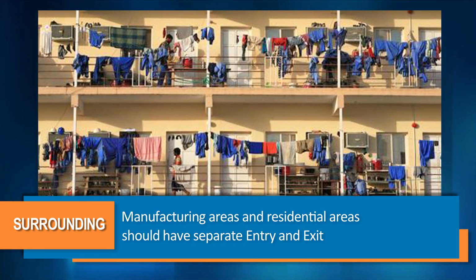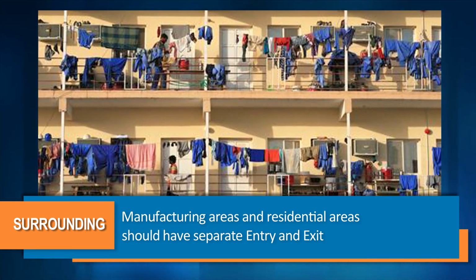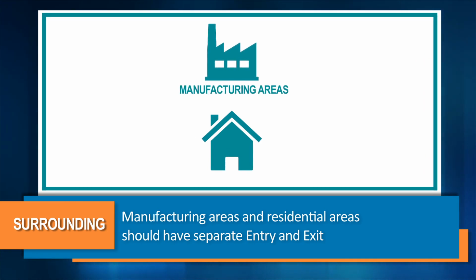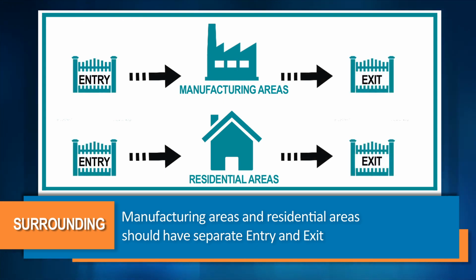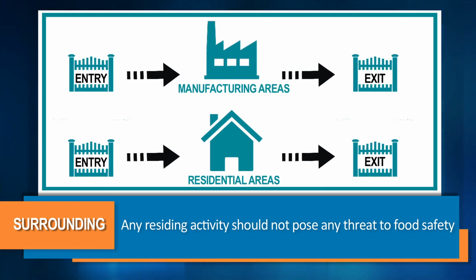Where personnel are also residing within the premises, it shall be ensured that the manufacturing areas and residential areas have separate entry and exit, and that any residing activity does not pose a threat to food safety.